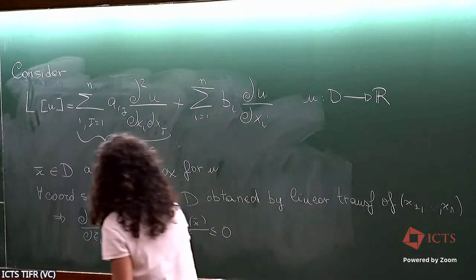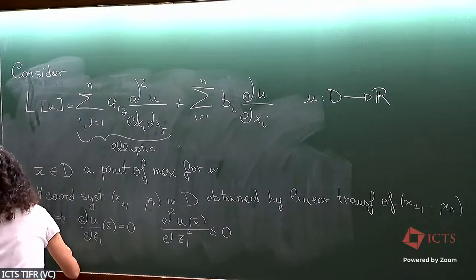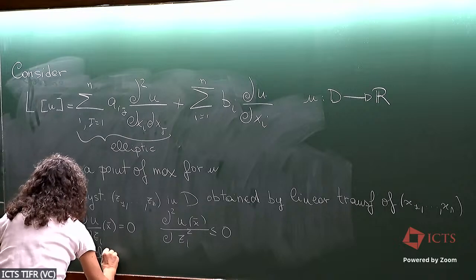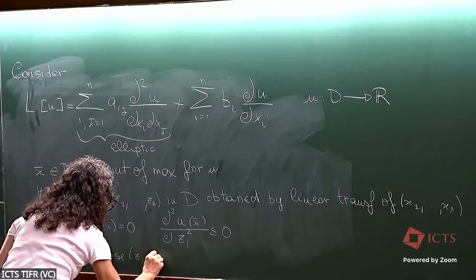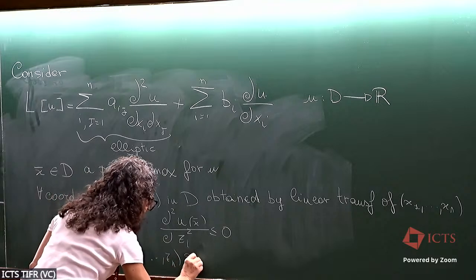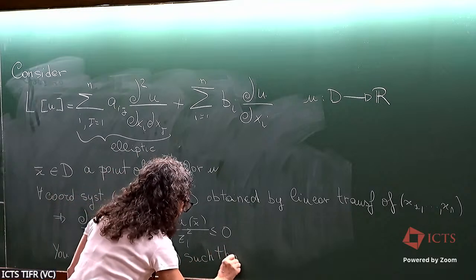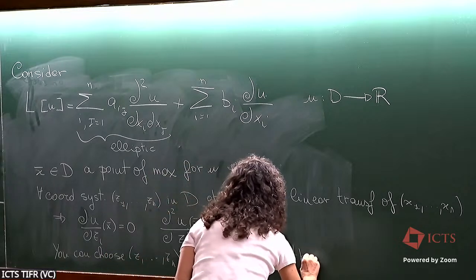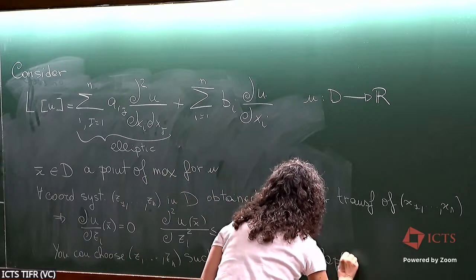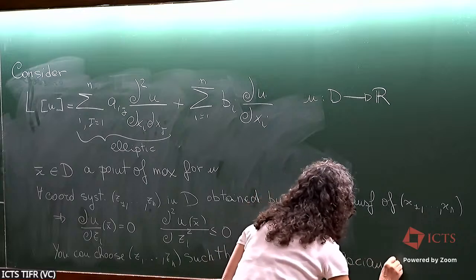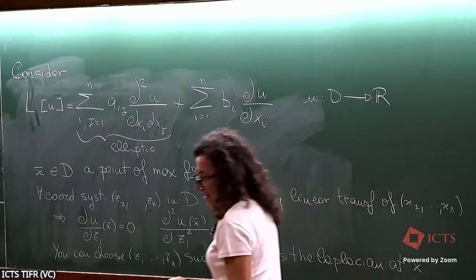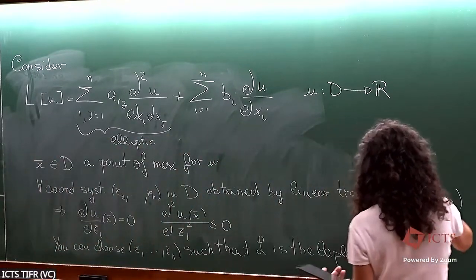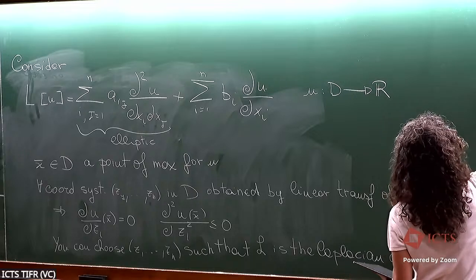This is really linear algebra. You can choose z_1, ..., z_n such that L is the Laplacian at x bar.